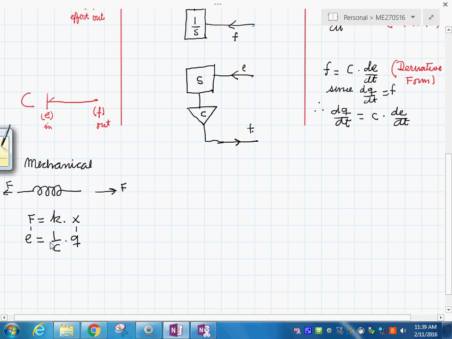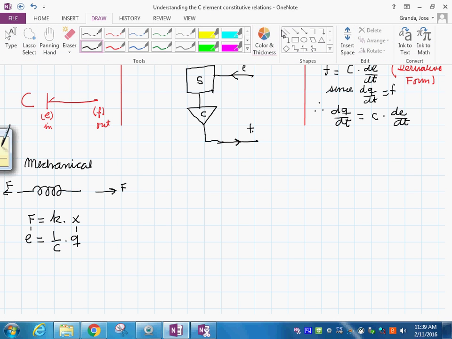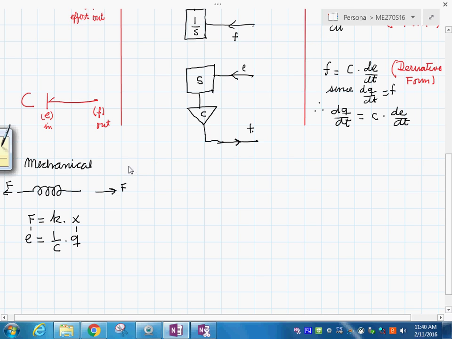And so this would be the equivalent of having a circuit like this with a capacitor like this, the C element with value C. And in here, you are going to say that the voltage of C is equal to 1 over C times the integral of I dt, or 1 over C times Q.